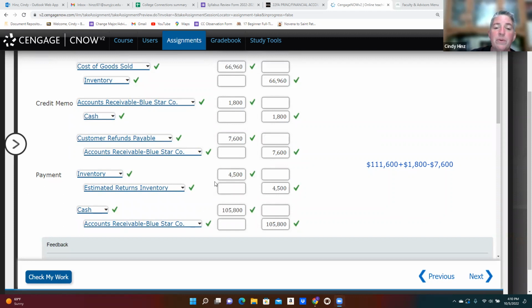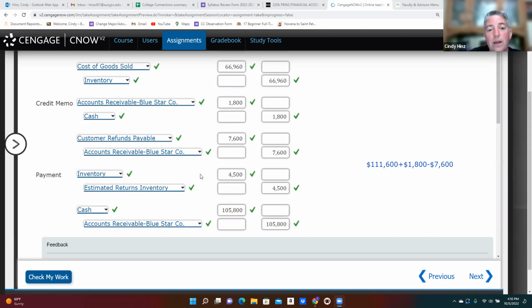But because they use a perpetual inventory system, they also are going to add it back to their inventory. And that's, again, where I was getting stuck, because I wasn't finding any place that had an option for inventory being the debit, because it's by the line that says payment, but it's not actually the payment. That label also should be down one line.